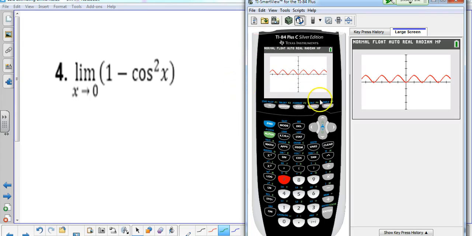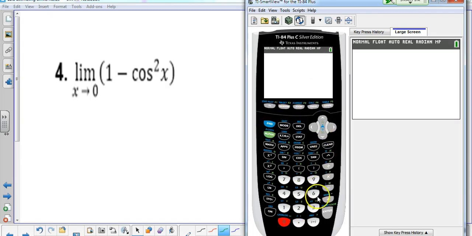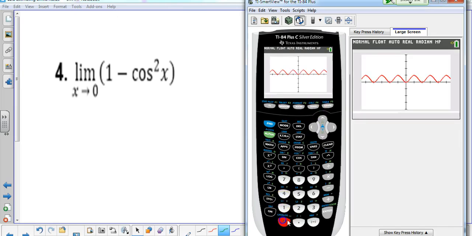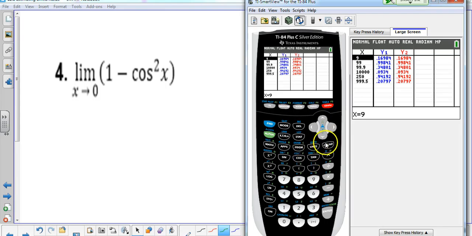Okay? Now, we want to know what's happening at 0. If we trace at 0, what's it at? It's at 0. If we go just a little to the left, the y value is 0.01 or something, right? If we go a little to the right of 0, the y value is 0.01. What's the y value when x is 0? Okay, we could go to the table if we wanted.